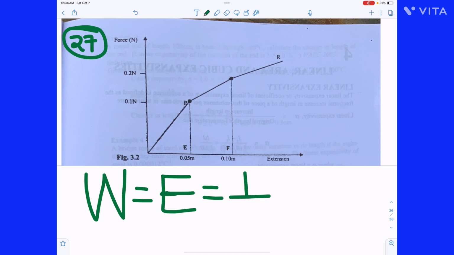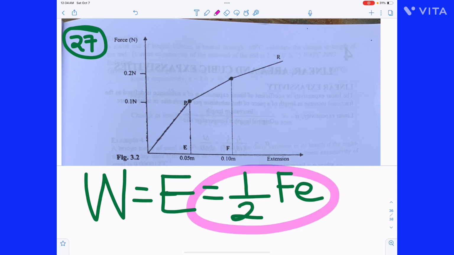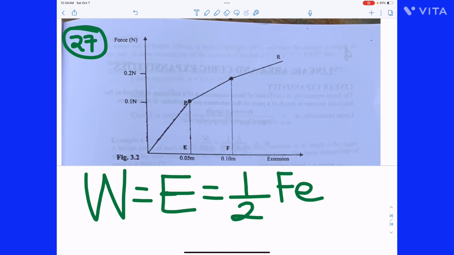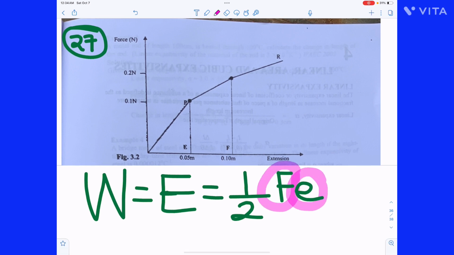Work done or energy stored, we said before, is average force of extension times the extension produced. So the work done is half Fe. That means that in this question, we don't seem to have a particular value for F or for E. There seems to be a range.